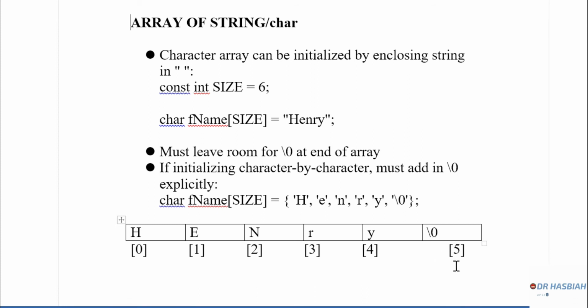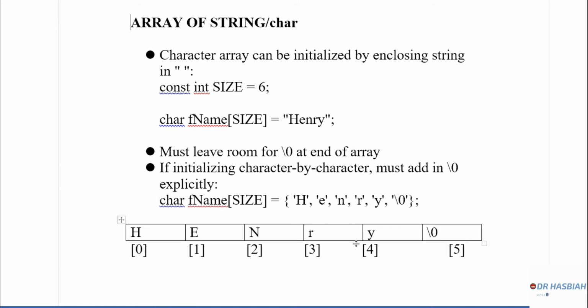So the last box in the array of char must be reserved for the null character. That's why we must leave room for the \0 or null character at the end of the array. Meaning here, let's say the length of your name is 5, let's say Samad. The last box must be reserved for the null character, so make sure you put the size as 6.